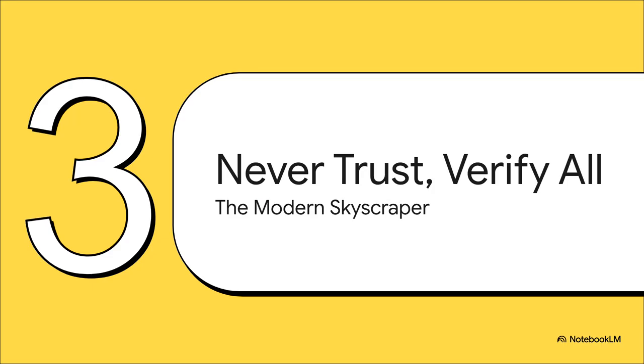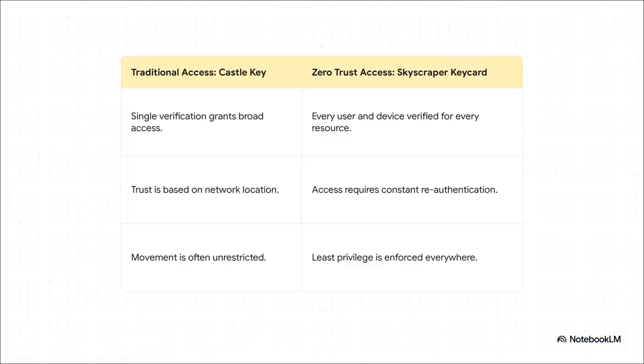Okay, so what does this always verify thing actually look like in practice? Well, instead of that one-time check at the main gate, you have to imagine continuous, relentless verification for absolutely everything. The old idea of trusting someone just because of where they are, that's gone. A great way to picture this is to compare a castle key to a modern skyscraper key card.